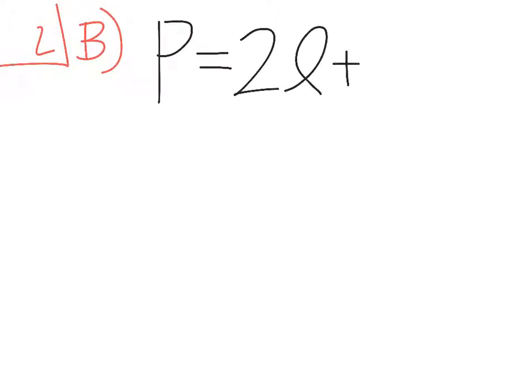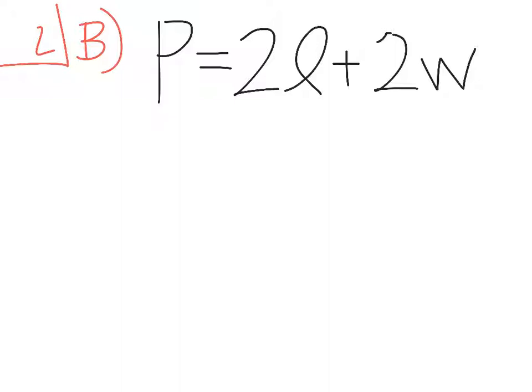Part B here on example 2, it says the perimeter of a rectangle is 28 meters. Its width is 8 meters. Find the length. So we're going to use the formula for perimeter. Again, there are some shortcuts that we can do to solve for this. But again, we're using the formula because that's the title of this section.